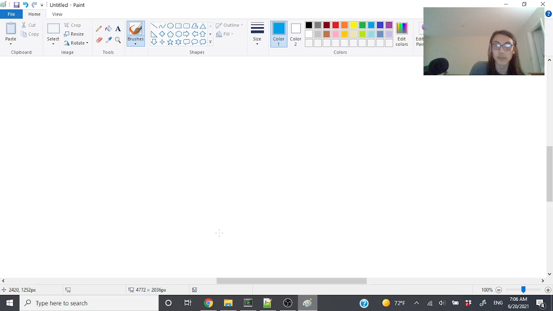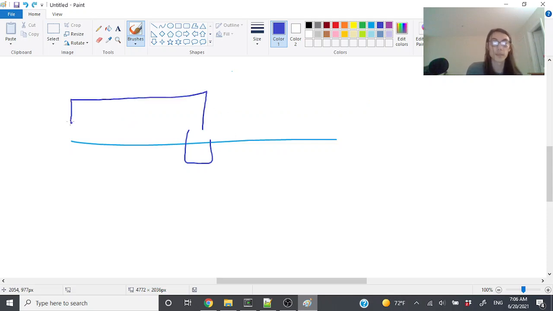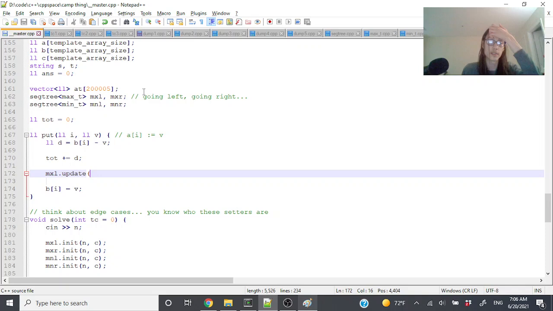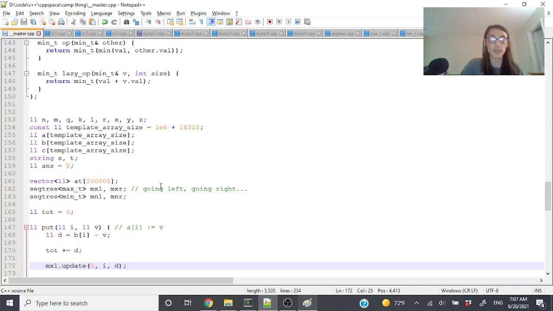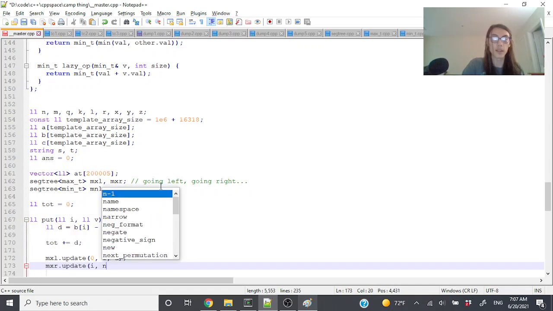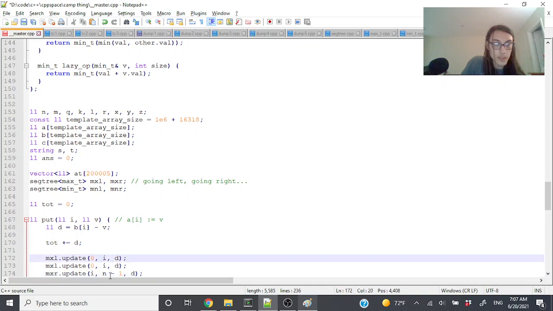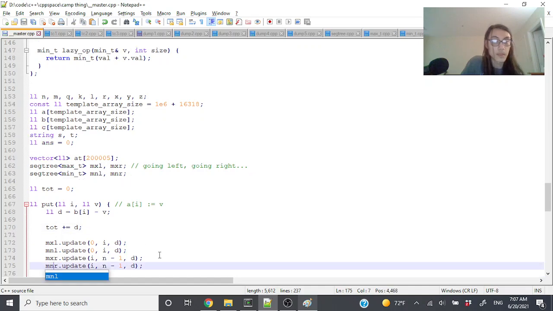Because the segment tree represents a prefix sum, updating here for the prefix sums that represent going left will mean that it updates all of these elements. So if this becomes plus d, then all these prefix sums get plus d. So it should be 0 to i. I forgot how my own signature works, right? Yeah, 0, i, d. mxr.update i, m minus 1, d, and then min and max are the same. So mnl, mnr.